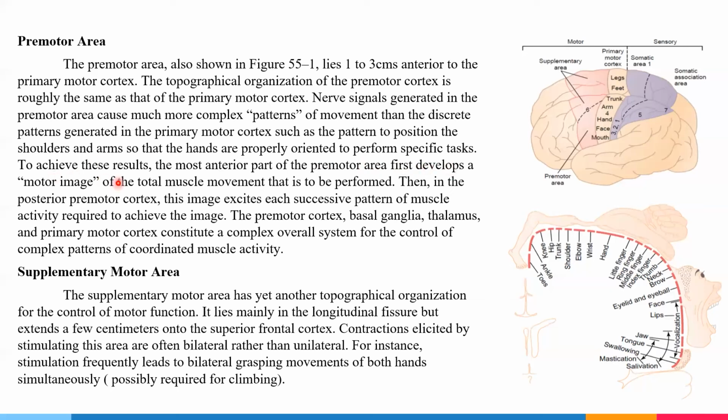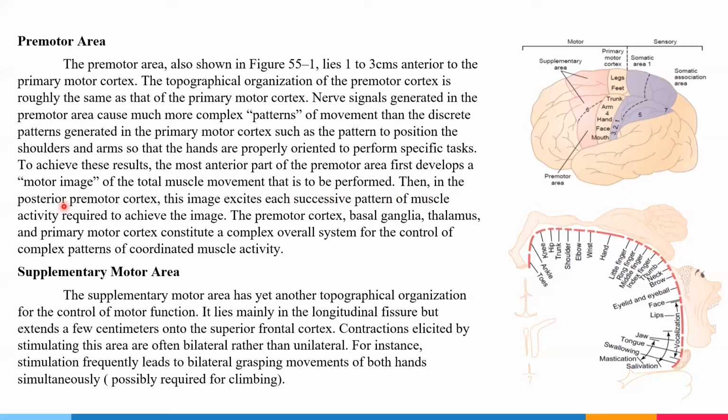To achieve these results, the most anterior part of the premotor area first develops a motor image of the total muscle movement that is about to be performed.